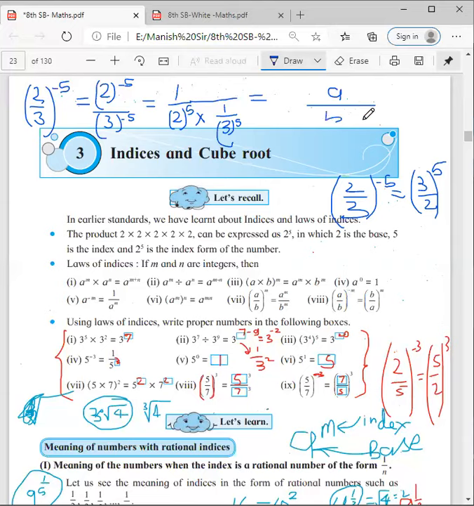So c will come in the numerator. In the same manner, 3 raised to 5 will go in the numerator, that becomes 3 raised to 5, positive. And in the denominator, we get 2 raised to 5, positive.